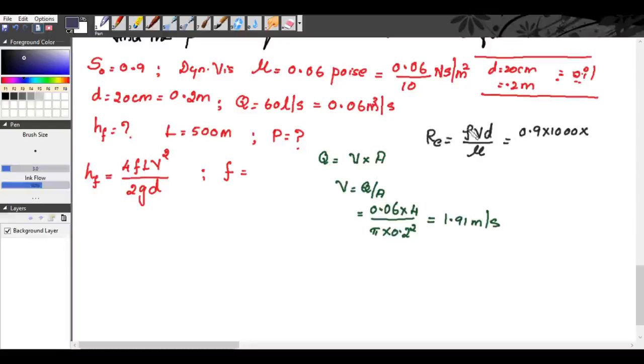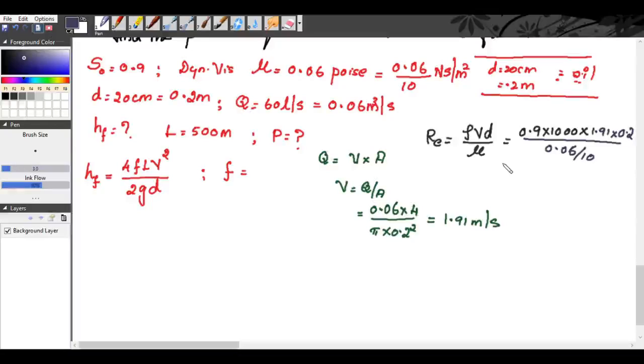Okay, so rho is 0.9 into 1000. Velocity is 1.91 multiplied by diameter of the pipe 0.2 divided by mu. Dynamic viscosity is given as 0.06 divided by 10, that is 0.006.